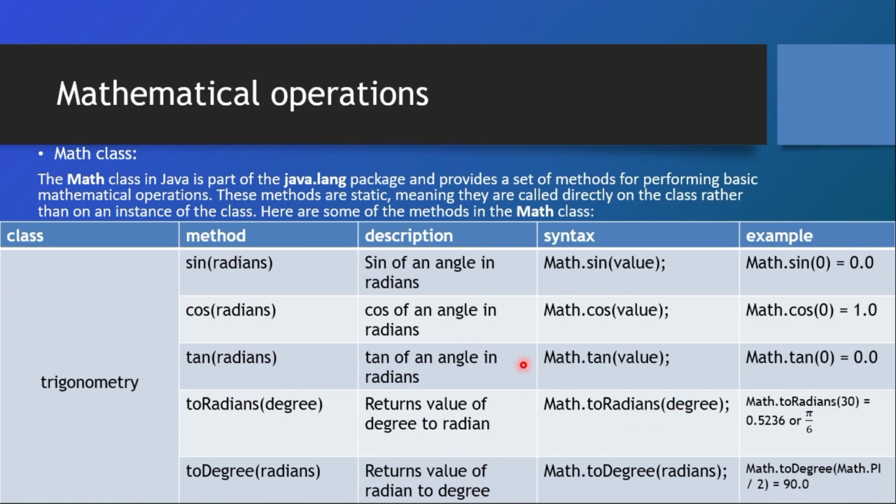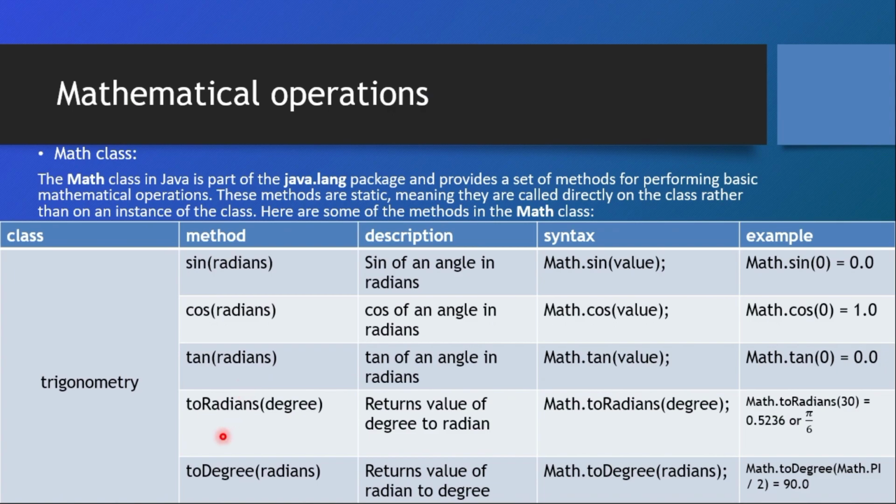When you want to change a value that is in degrees to radians, you can use the Math.toRadians method there, and then you put in your degree value. So for example, you could say Math.toRadians(30), and 30 degrees in radians is pi over 6. If you do your basic trigonometry, or if you remember, the radians of 30 degrees is 0.5236 or pi over 6, depending on how well you did.